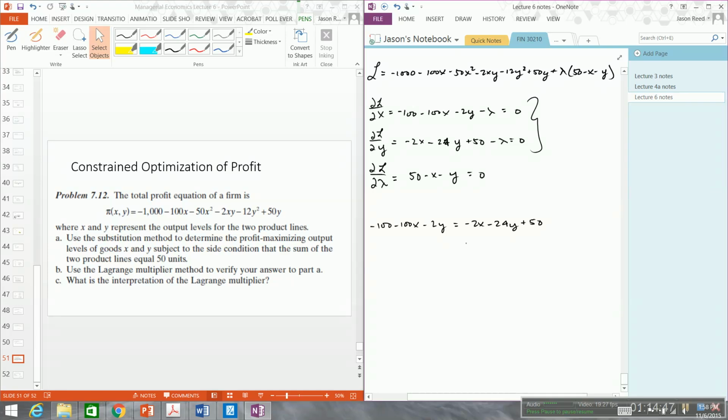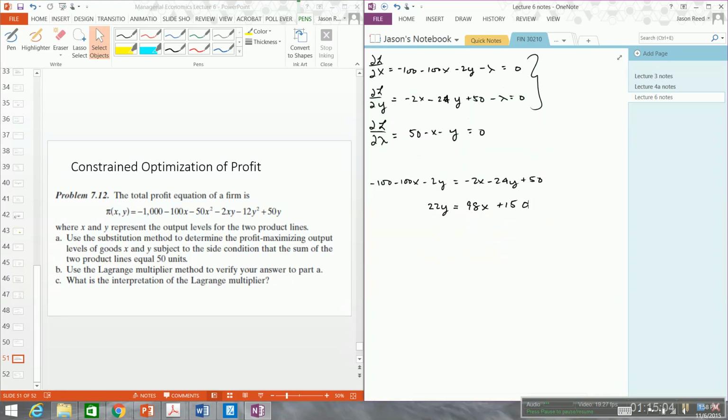I'm going to bring some y's over and some x's over so that I have 22y is equal to 98x plus 150. Now I can divide everything through by 22. So we have 98 divided by 22 x plus 150 divided by 22.